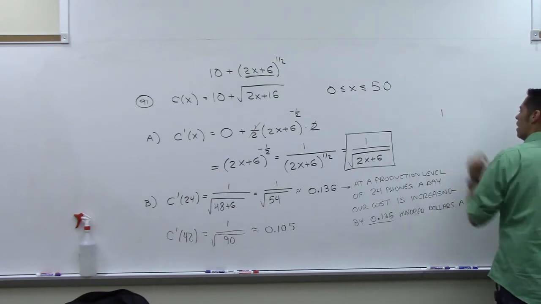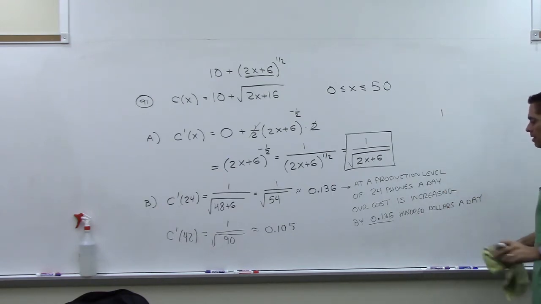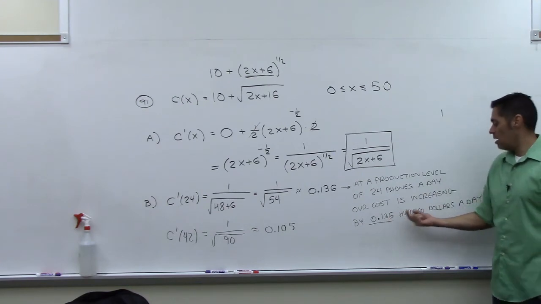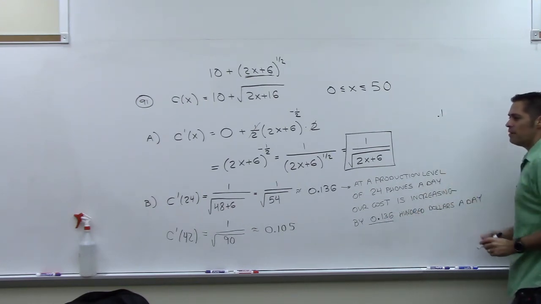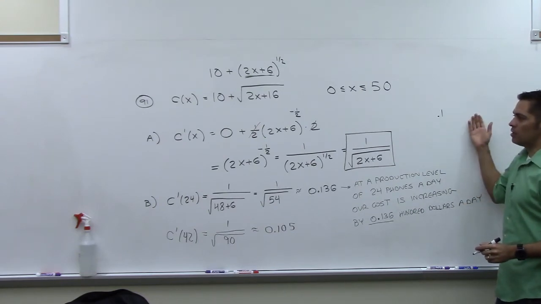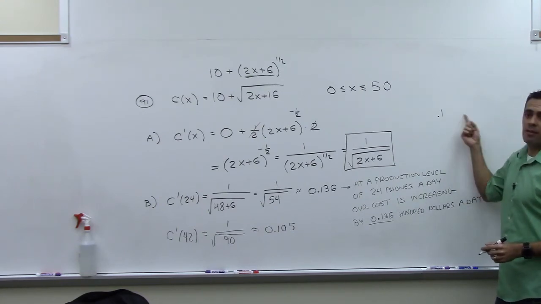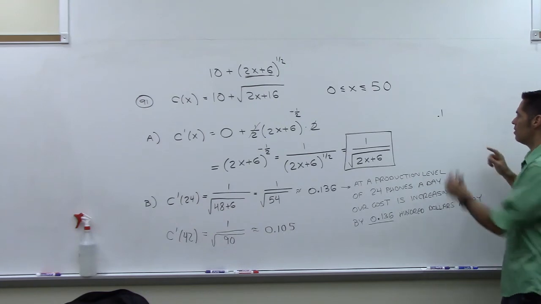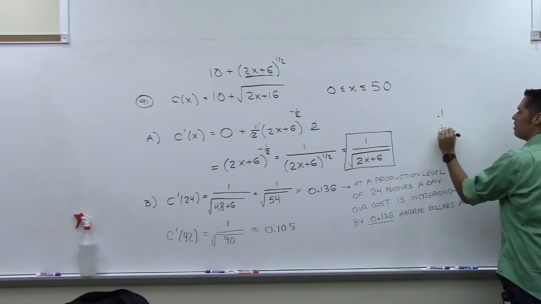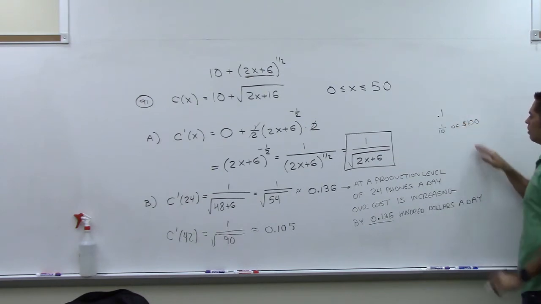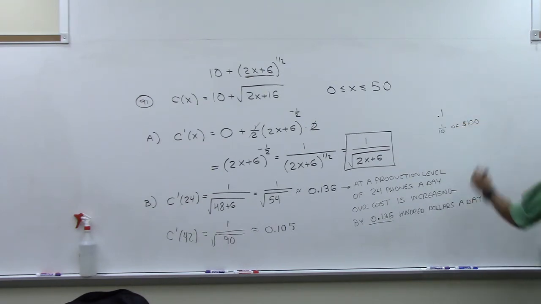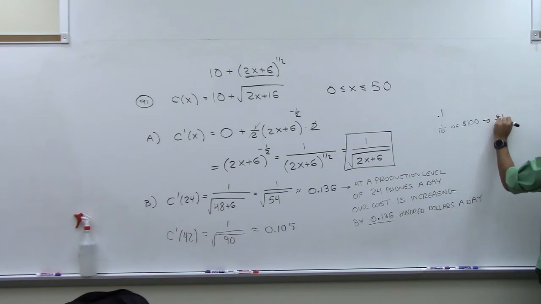If I said 1, that would mean our cost is increasing by $100 per day. If I say 0.1, I could look at that as a tenth of $100. So this is really like the fraction 1/10 of $100, which would only mean $10.